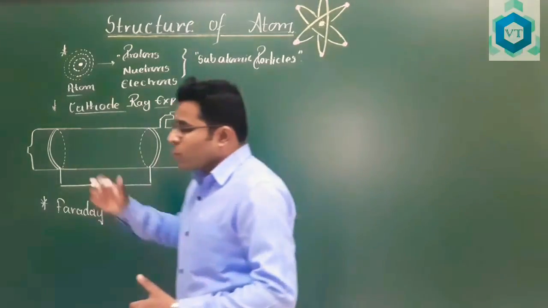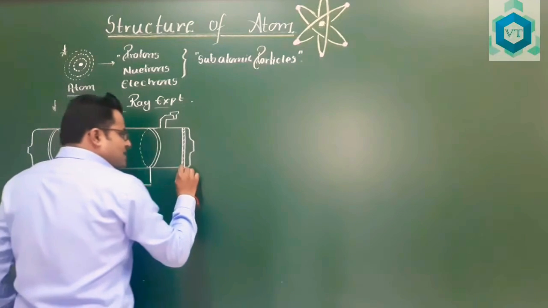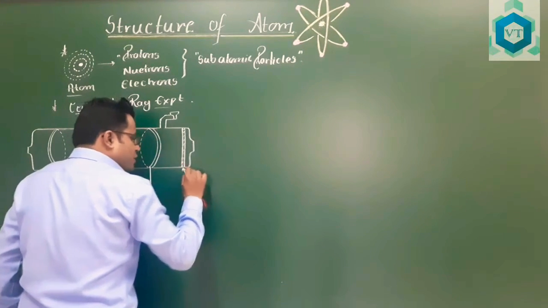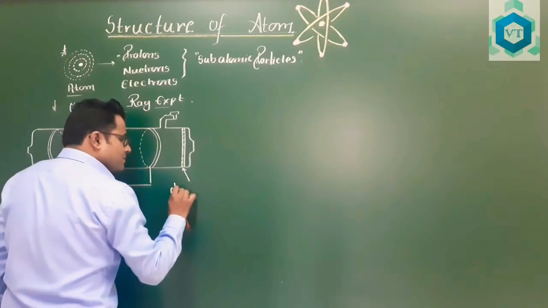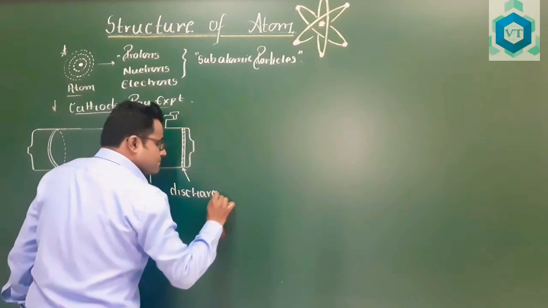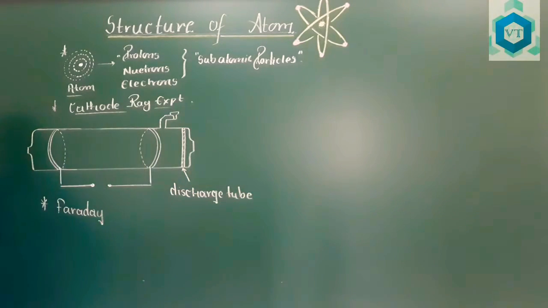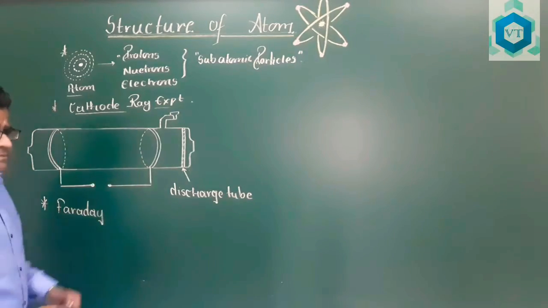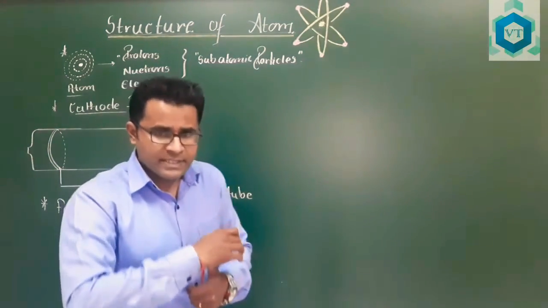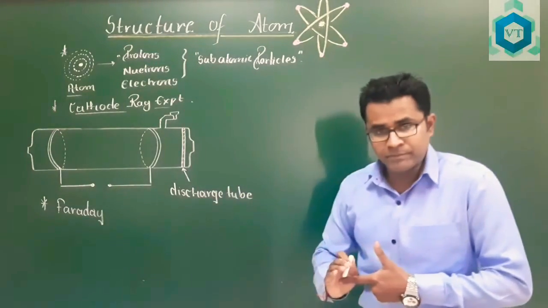This chamber was built of glass. So, this partially evacuated glass tube is called the discharge tube. Right? Now, in this discharge tube, certain conditions about the electricity and certain conditions about the pressure were to be maintained.